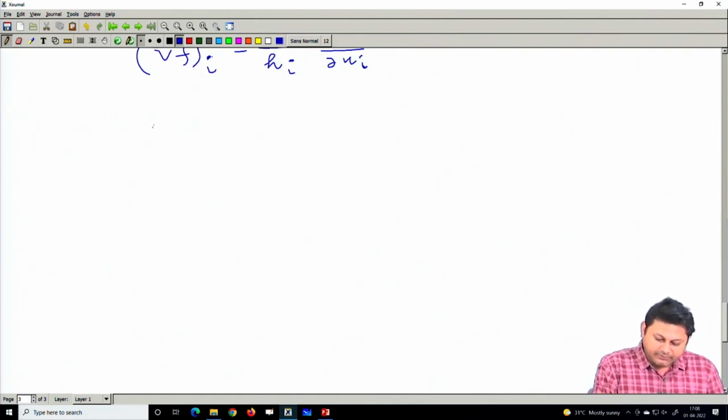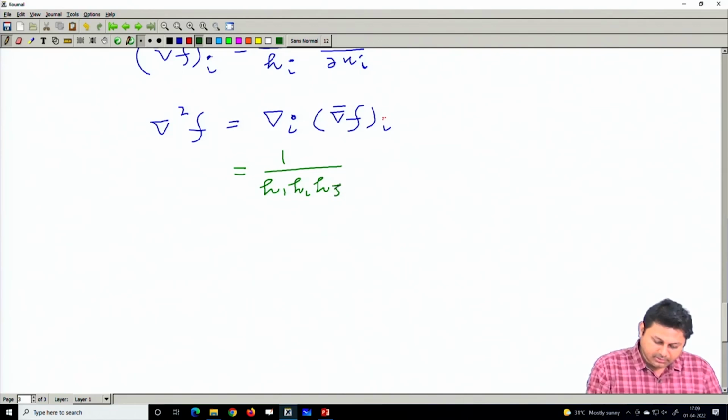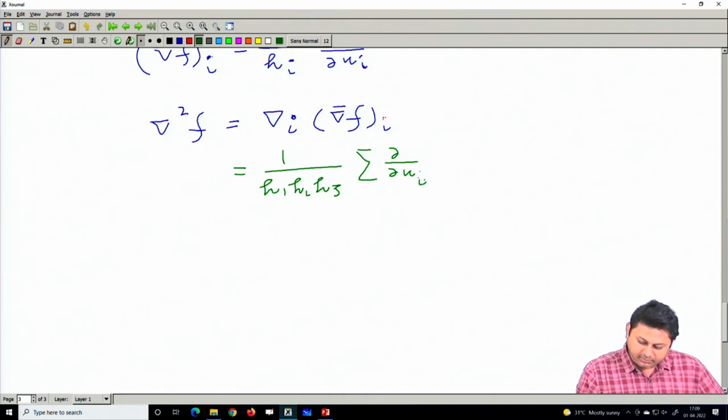So, if I combine these two, I should simply have the ith of this and the ith of this, because of the way it is defined. That is equal to 1 divided by h1, h2, h3, and then sum over d u1, because there are i j k.